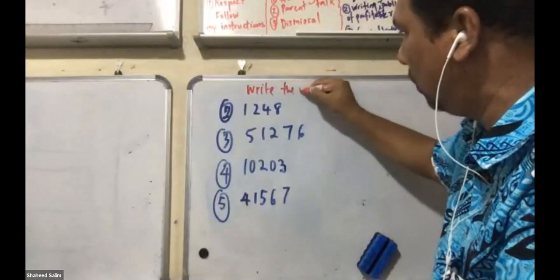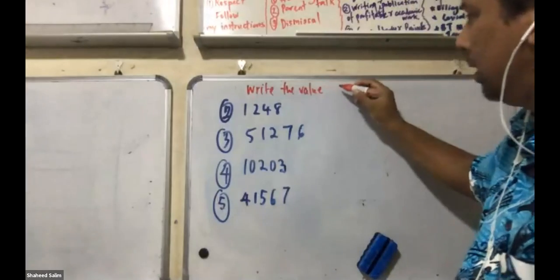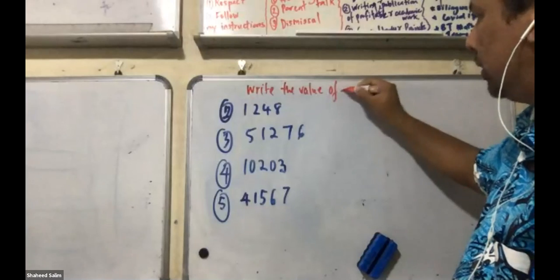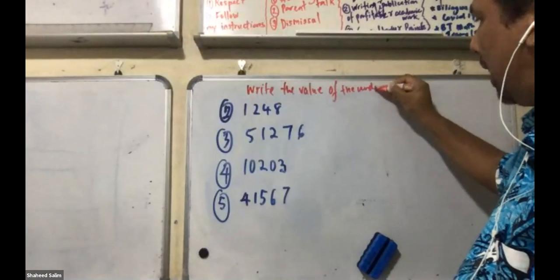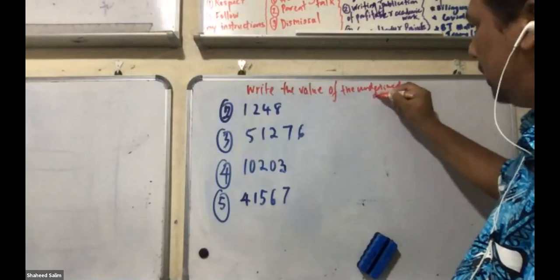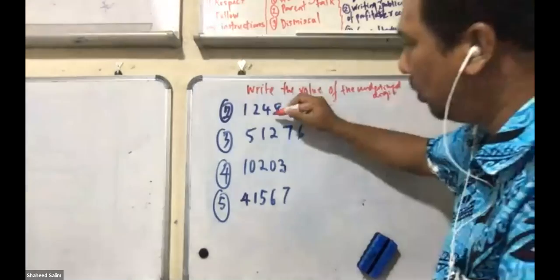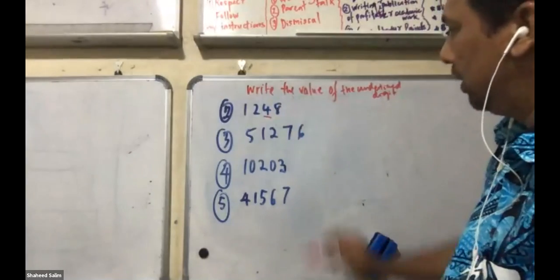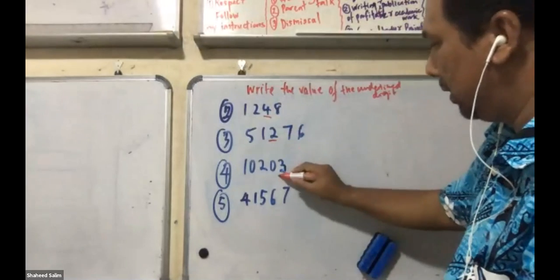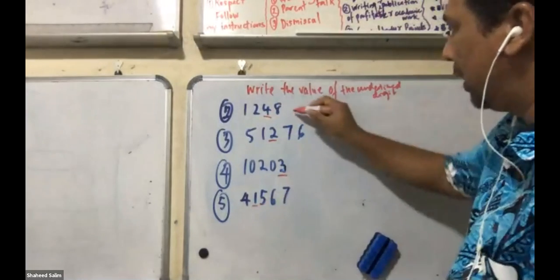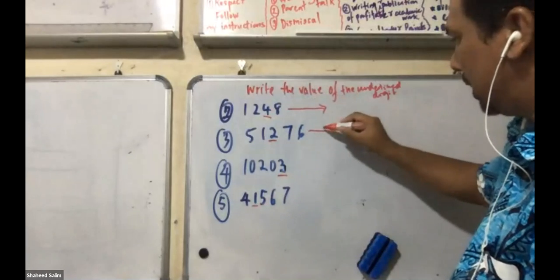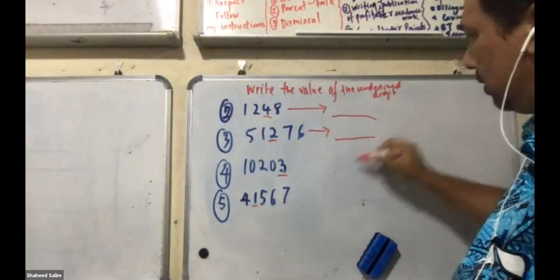You just need to write the answer for the underlined digit. What is the answer? Right here.